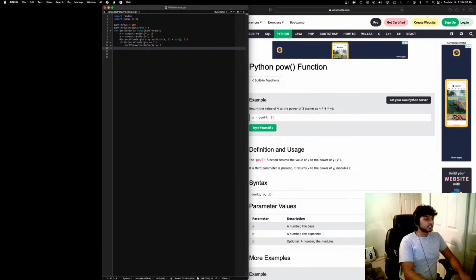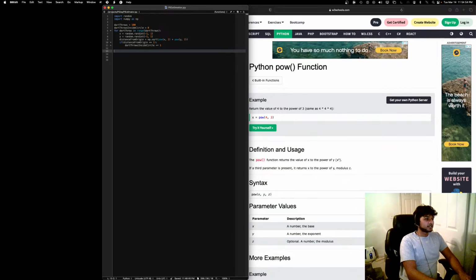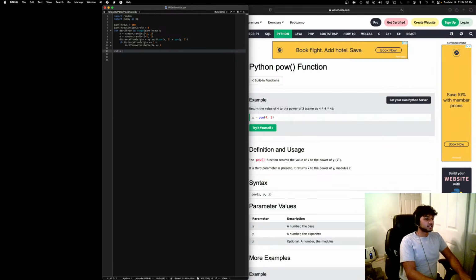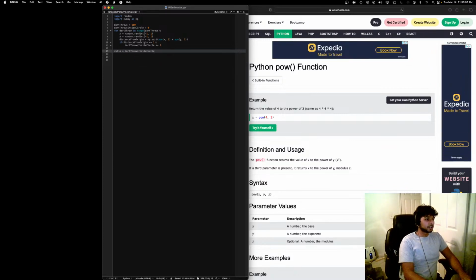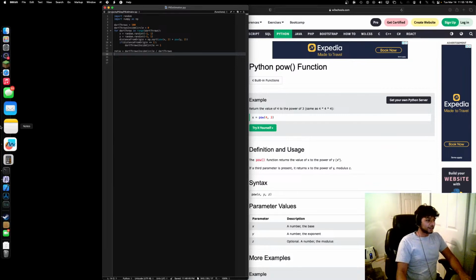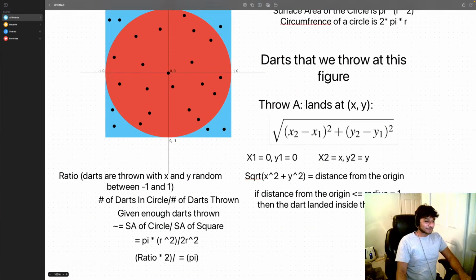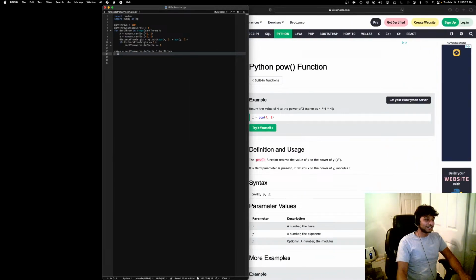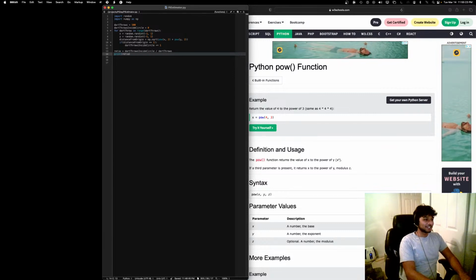Inside circle equals 0 is defined outside, along with dart throws. And then after this loop, ratio is inside circle divided by dart throws. What did the freeform say? Freeform said ratio times 2 is equal to pi. So print ratio times 2.